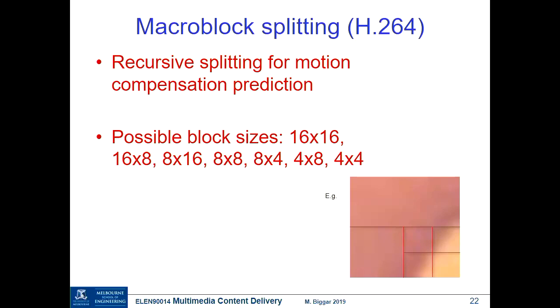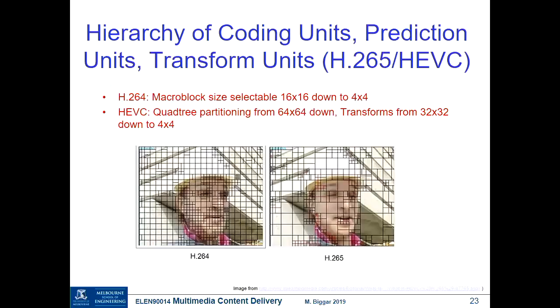So the encoder has the responsibility to make this decision about whether we save so many bits as a result of the improved prediction that it's worth the overhead of sending the additional motion vectors. H.265 took this another step further.